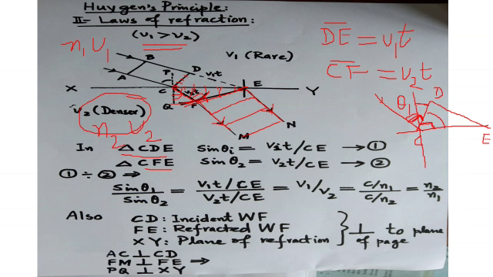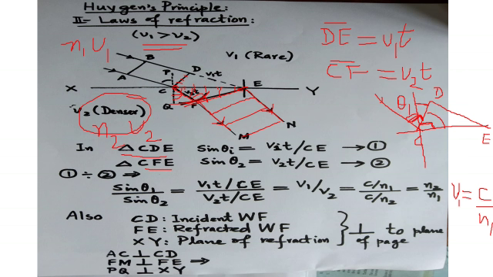So you know this relation, the speed of light in any medium v can be written as the speed in vacuum divided by the refractive index n. So if this is V1 here, this will be n1 here. If this is V2 here, this will be n2 here. And from here we get n2 divided by n1, which is actually Snell's law.